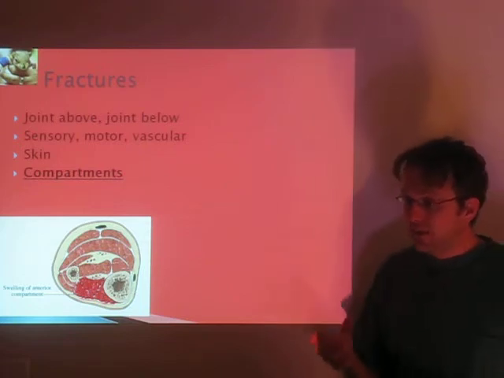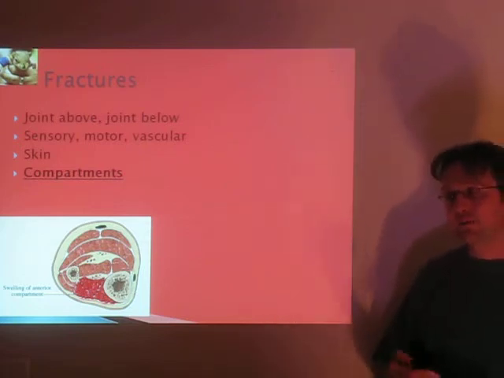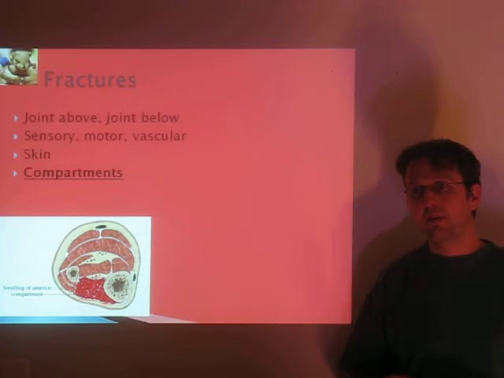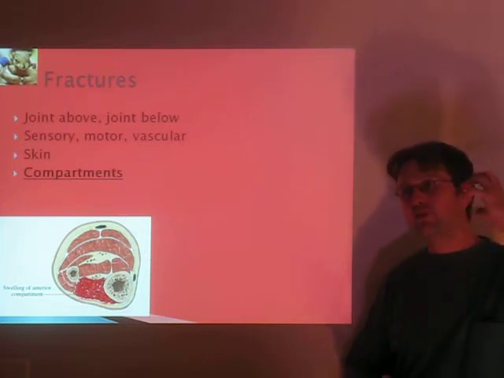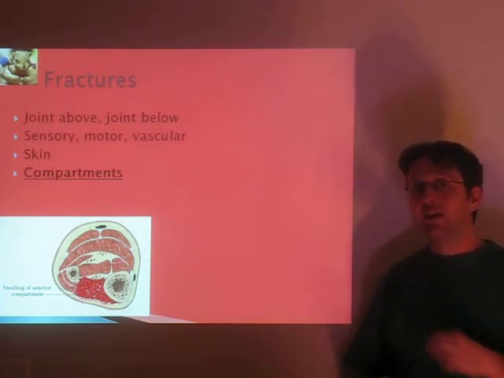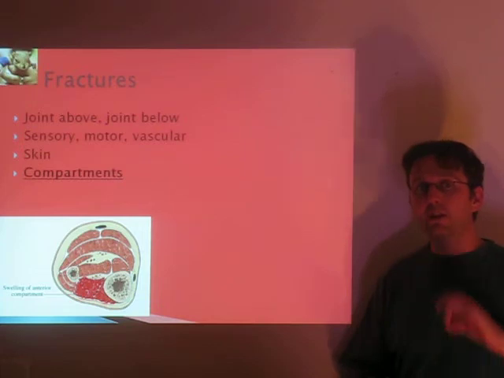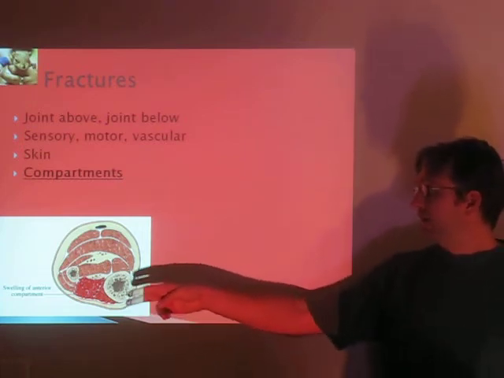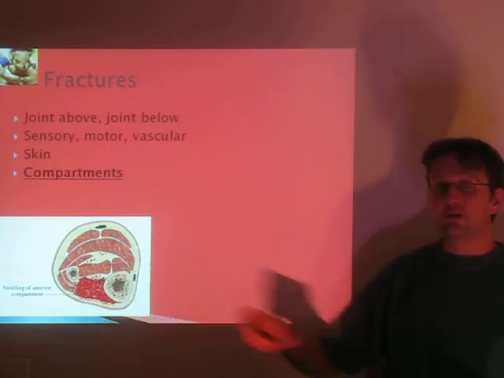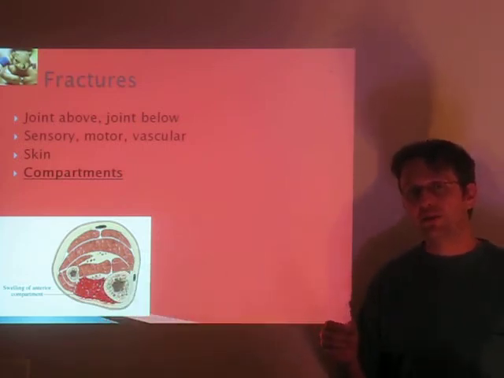So you need to document, and really the doctor will be documenting that the compartments are soft. But the thing that you will need to document is that the patient is having a tremendous amount of pain. That is an indication of compartment syndrome. The main symptom of compartment syndrome, which is where swelling compresses the arteries and nerves, is pain out of proportion to injury.